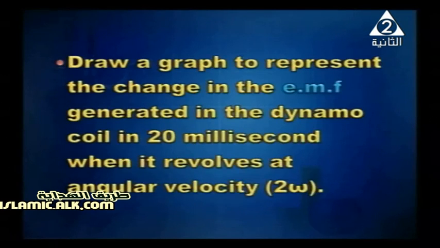And now, sketch a graph to represent the change in the EMF generated in the dynamo in 20 milliseconds when it revolves at an angular velocity 2 omega. So angular velocity is doubled. We want you to redraw it once again, but after doubling the angular velocity.